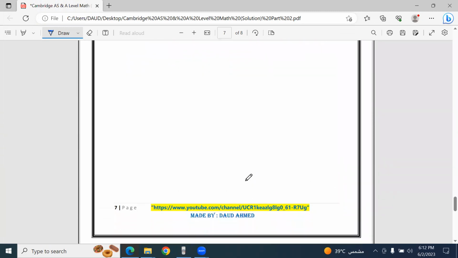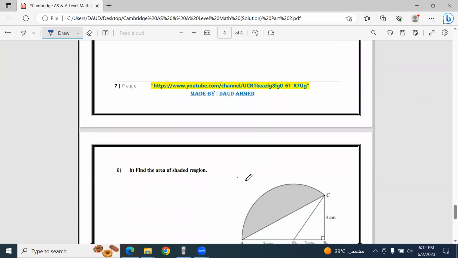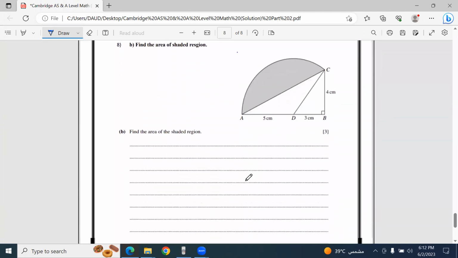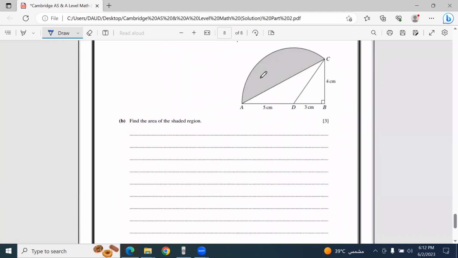Second part, they want us to find the area of the shaded region. We will find the sector area and the area of the triangle, and then at the end, the shaded region.